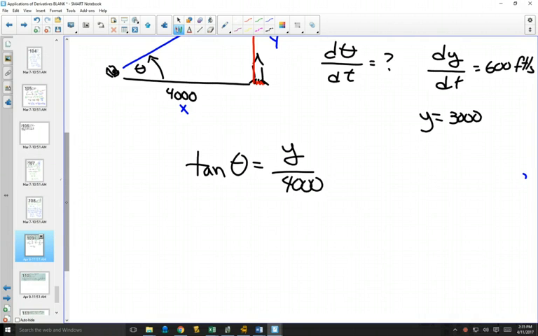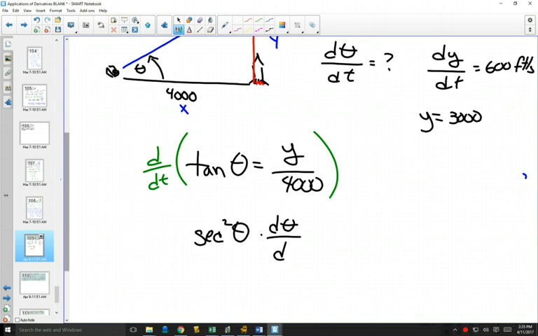Well, we take the derivative with respect to time. Derivative of tan is secant squared, and then implicit differentiation, d theta dt. Derivative of 1 over 4,000 y would be 1 over 4,000 dy dt. So in order to calculate this, we need to know what secant squared is.